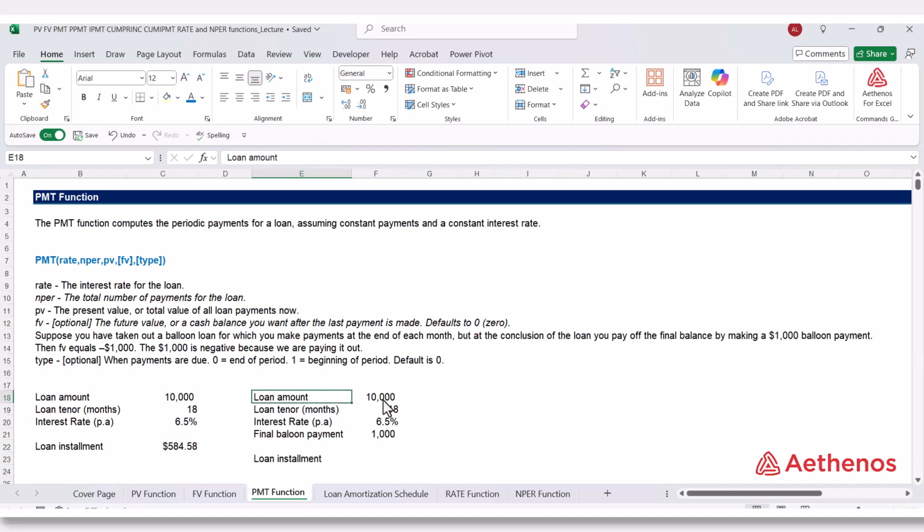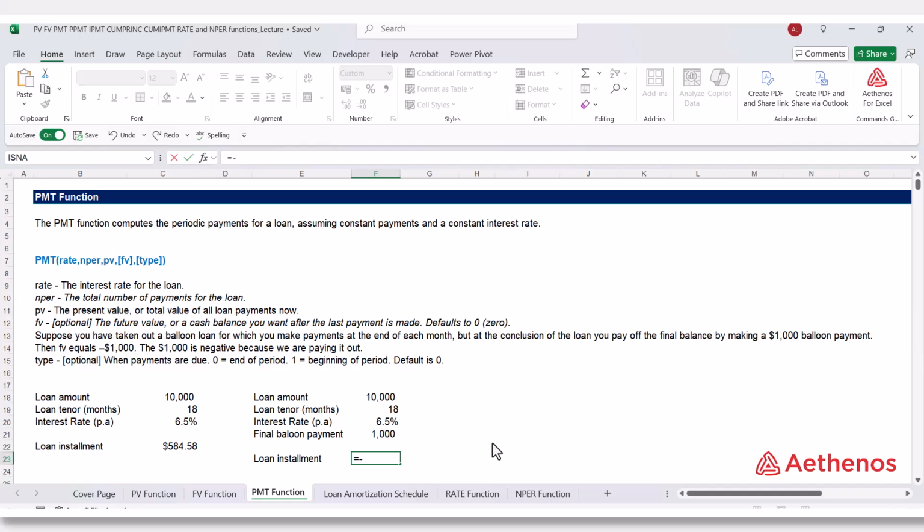So we look at another example here, similar cash flows and the loan amount, except we have a final balloon payment of $1,000 at the end of the loan tenor on the 18th month. So we can calculate the PMT using the PMT function.